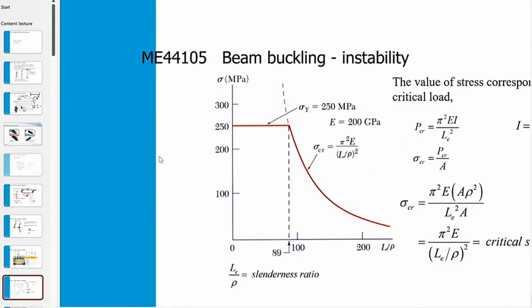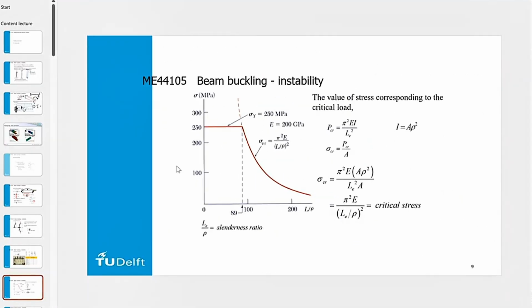If we then go to a limit for a beam, we can say, okay, we have for axial load basically the buckling effect. So this is this formula, where depending on the slenderness ratio, so that is the length divided by the radius of gyration. The radius of gyration, what is that?